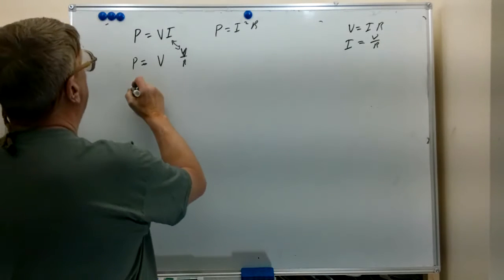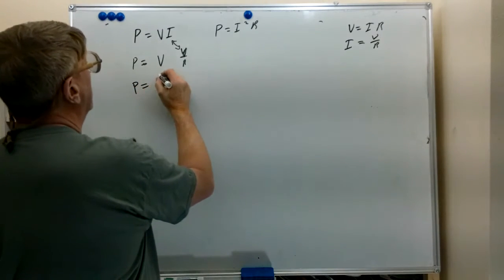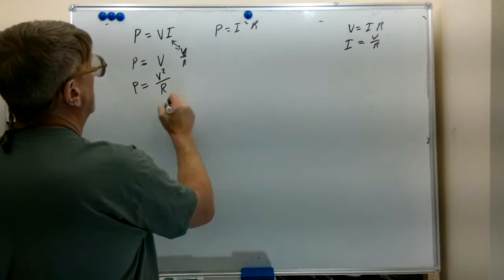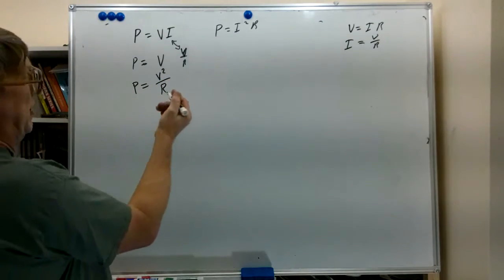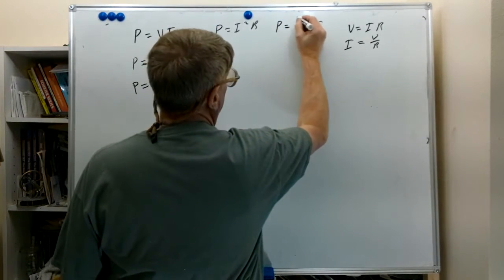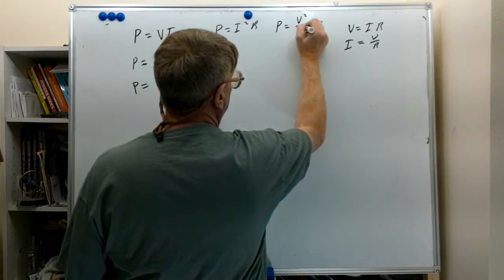Now we multiply this out, we end up with power equals V squared. The V times V makes V squared over R. So now we have our third power formula, which we did a little bit ago. Power equals voltage squared over resistance.